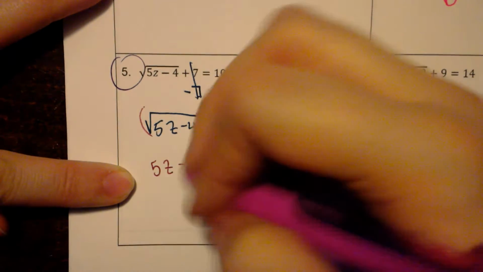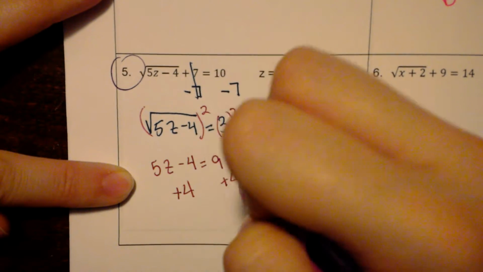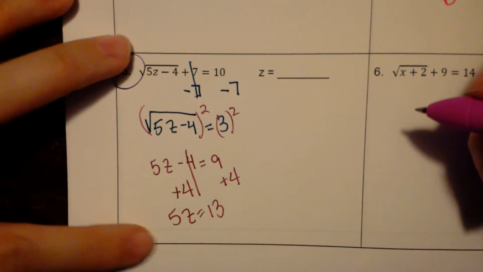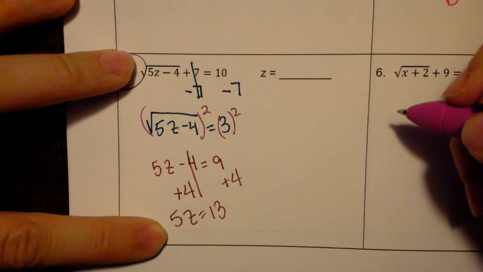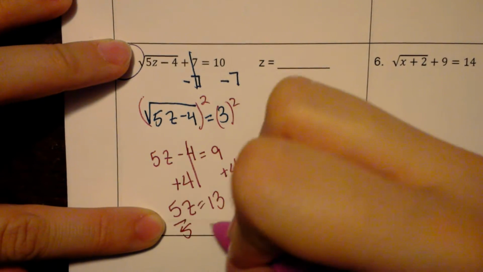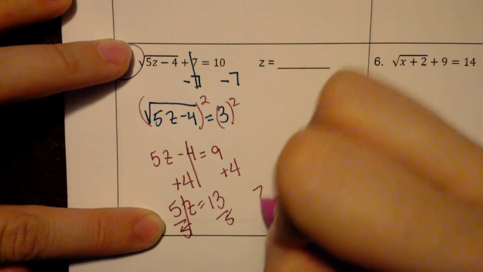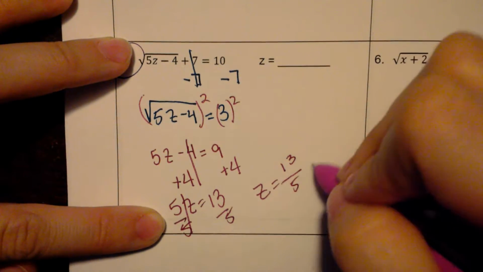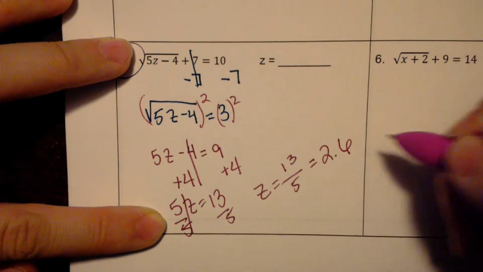So now I'm going to add 4. I get 5z equals 13. So now when I divide by 5, I won't get an integer, a whole number. But that's fine. z is 13/5, or 2.6.